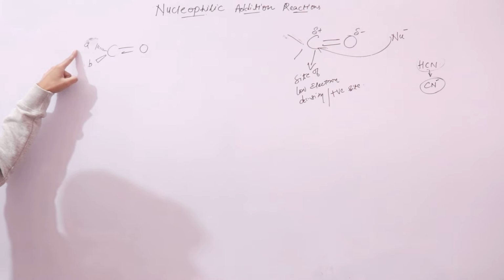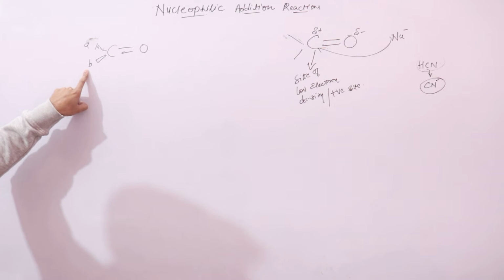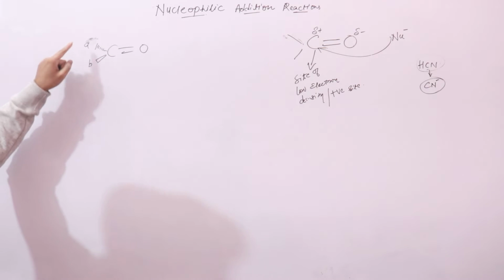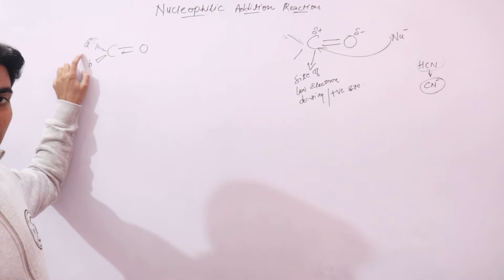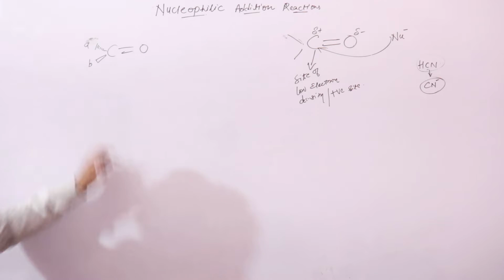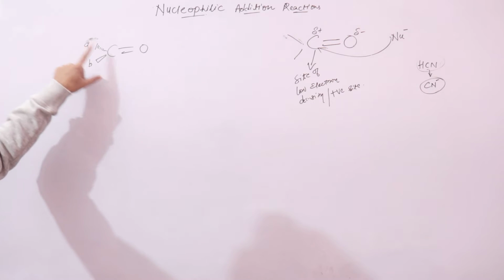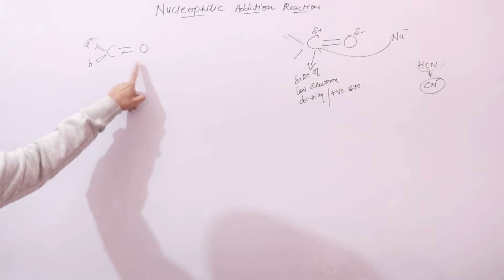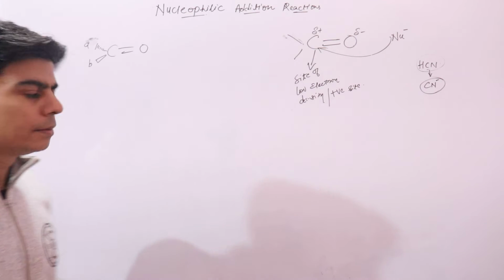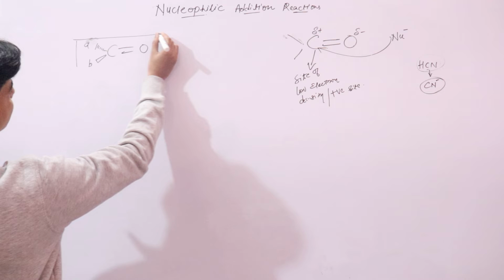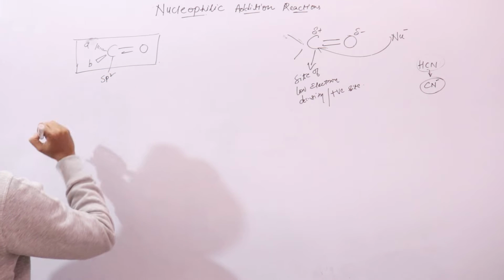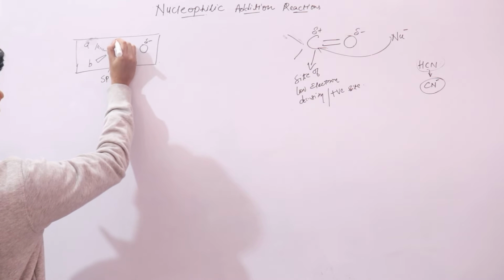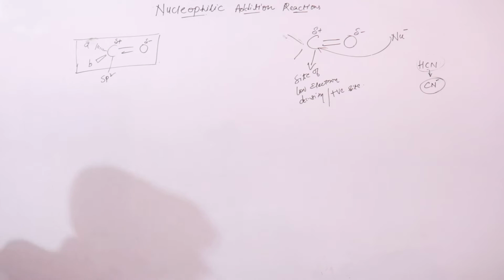This A can be hydrogen or an alkyl group, and if it is a ketone, both A and B are alkyl groups, and if it is formaldehyde, then both are hydrogen atoms. We know that this carbon, A, B, and oxygen all lie in the same plane, and this carbon is sp2 hybridized. This is your negative, this is your positive.